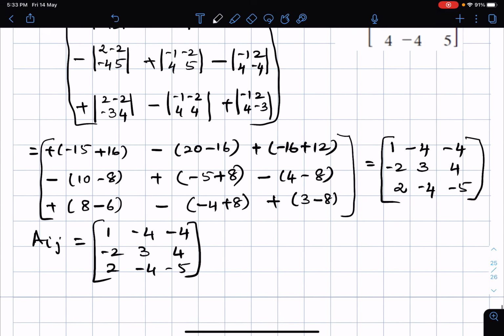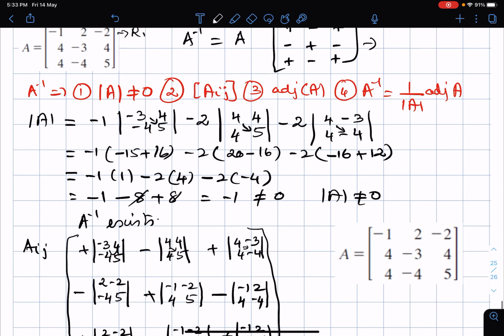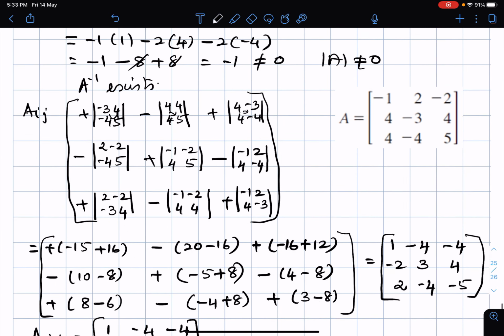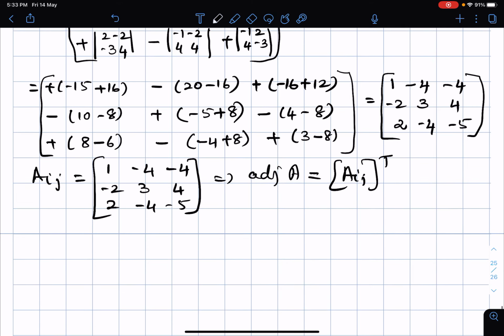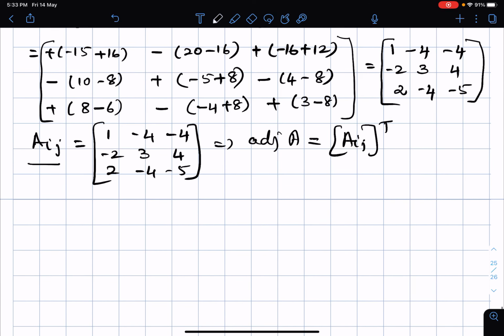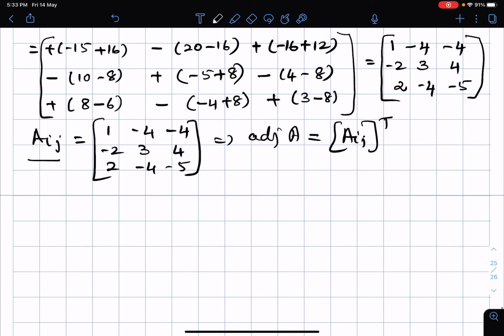Now our next step, second step we have completed, isn't it? Now we are going to go to the third step, adjoint A. Adjoint A is nothing but Aij transpose. So for this matrix we are going to write the transpose. What is the transpose? We have to write the rows into columns.